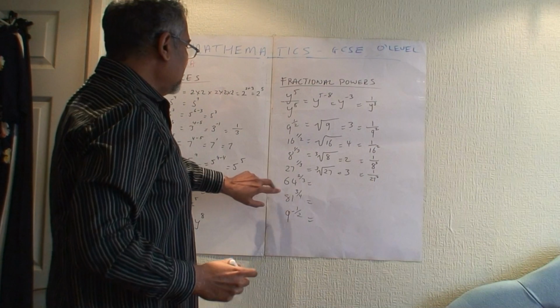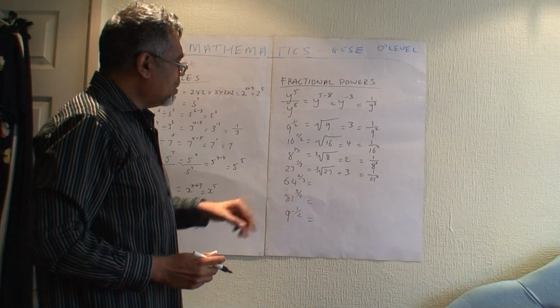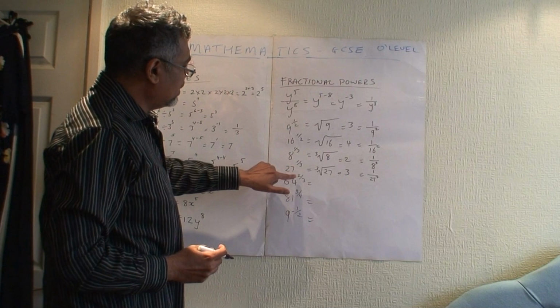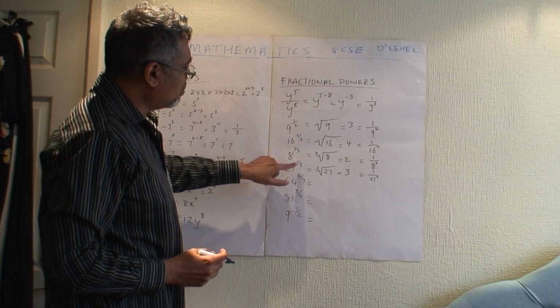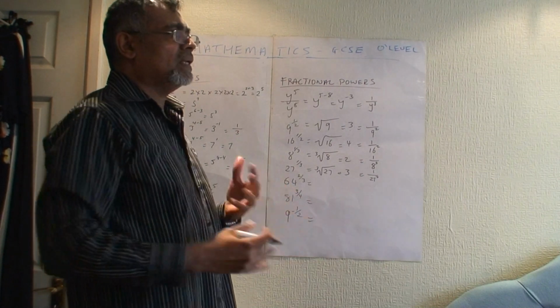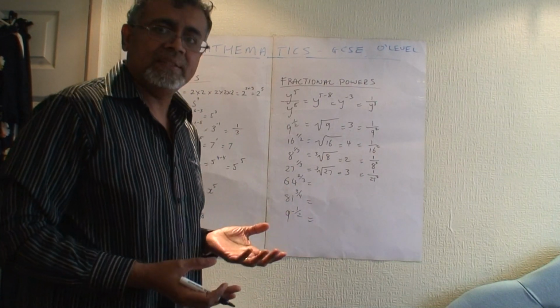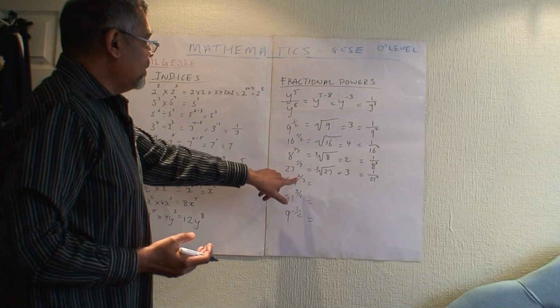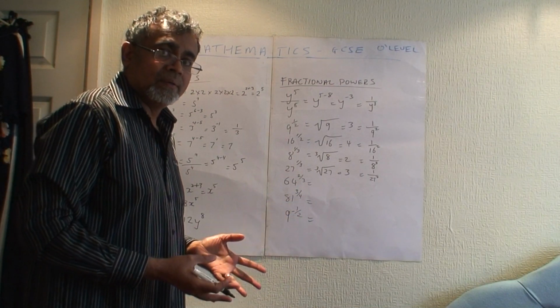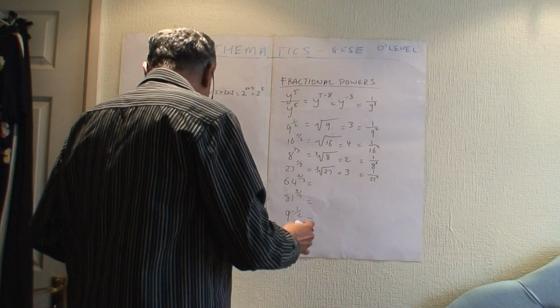Alright, now here we have 64 to the power of 2/3. Okay, it's not like the power of the 1 on top, but there's a 2 there. So this makes it a bit more complicated. But what we do, we change this 2/3 to a third. Okay, that's the first step which we'll do.